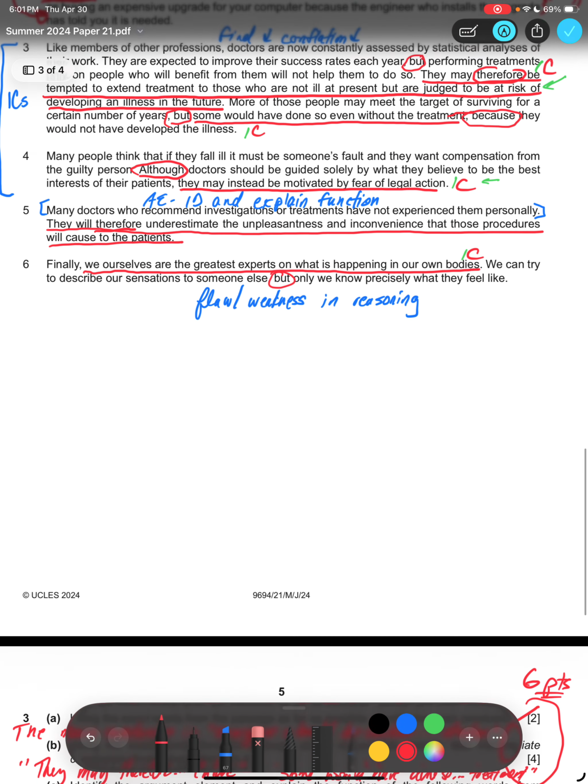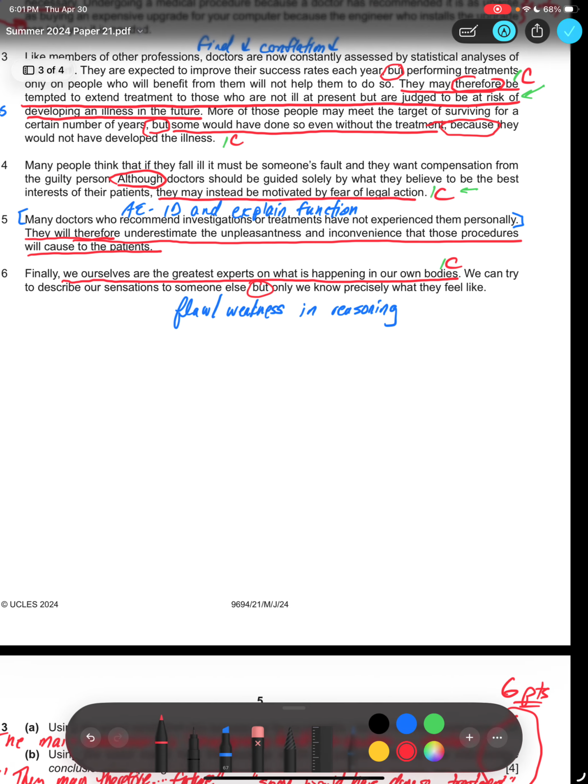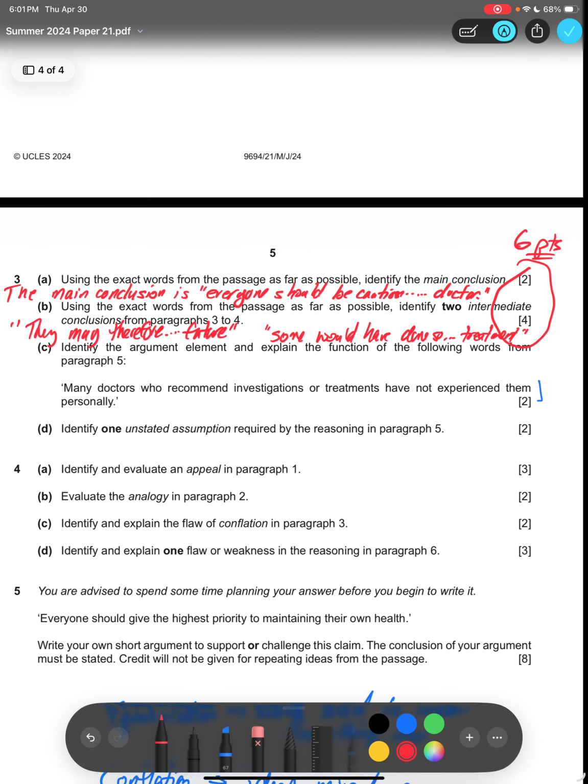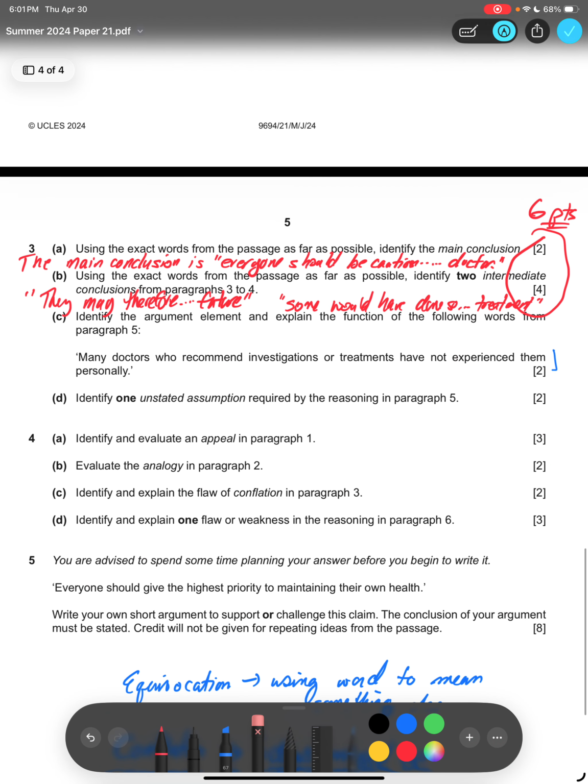Okay, and then you also have this one in paragraph 4. They may instead be motivated by fear of legal action. Okay, and then you also have the one that is about legal action in paragraph number 4 is also an IC. Okay, now again, you will write these clearly, but we've identified the answers, folks.